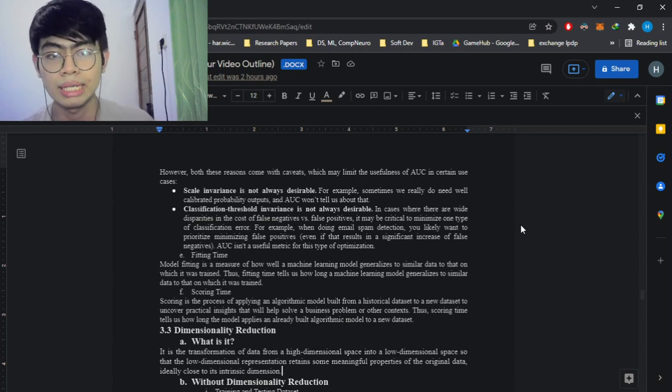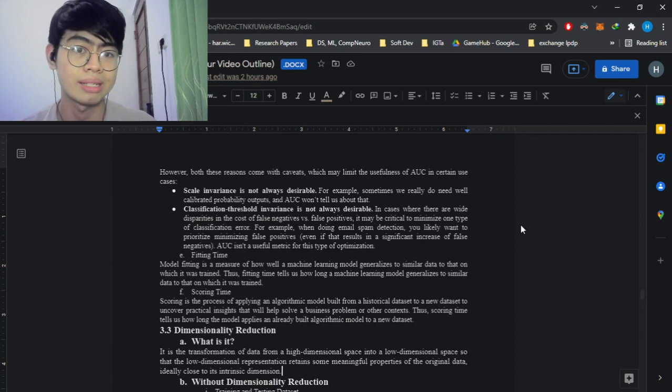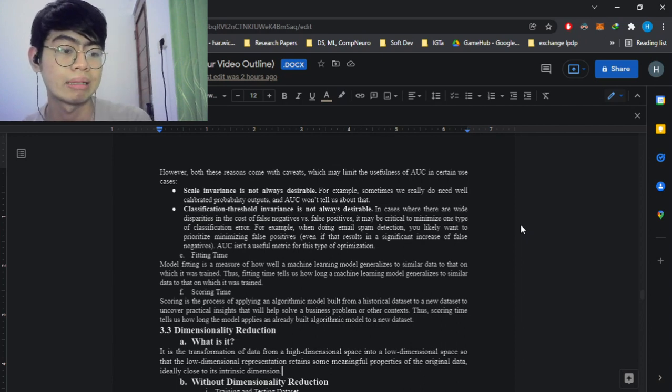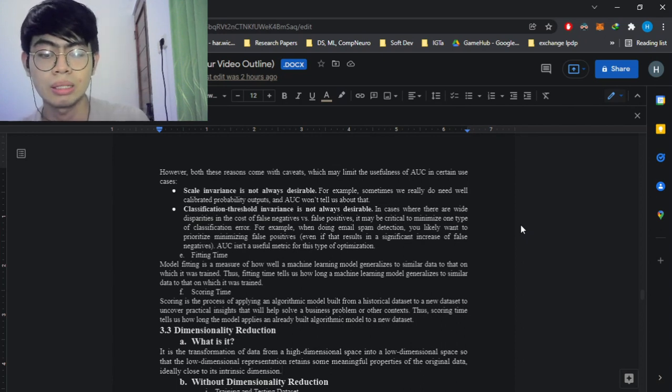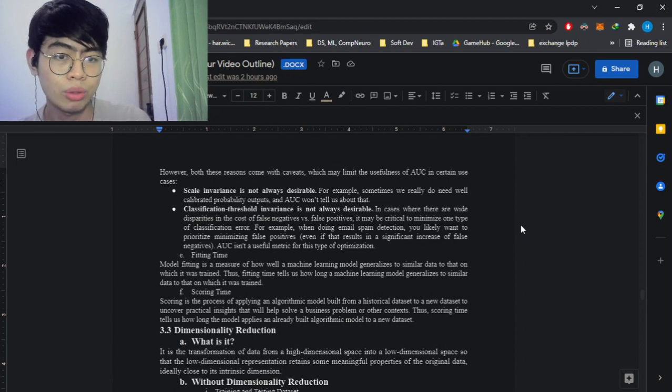Therefore, perhaps for those people who have limited computational power, it is preferable to use a fitting time or a scoring time that is fast, as compared to the most accurate one, because yeah, it's going to take a long time.